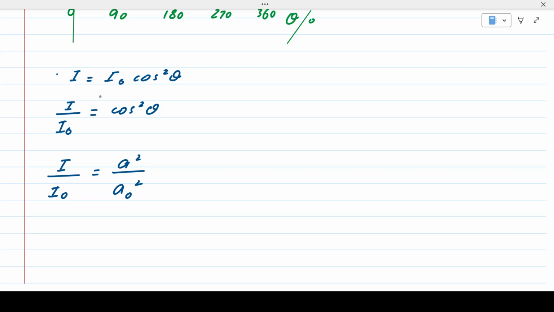So let's say the answer of I over I naught was 4. Now you need to find the ratio of the amplitudes. Simply take the square root of this.